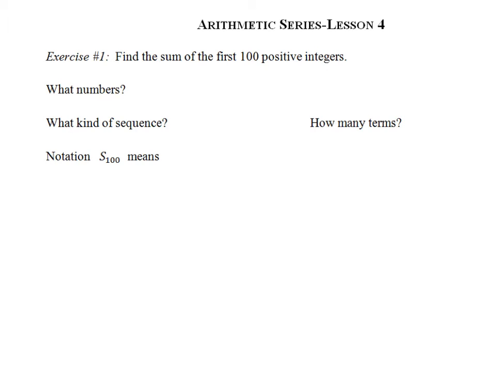So we know that that's going to be the sum of 1 plus 2 plus 3 plus 4 plus 5. And of course, I'm going to continue on until I get 96, 97, 98, 99, and 100 as my last term that's going to get added together.